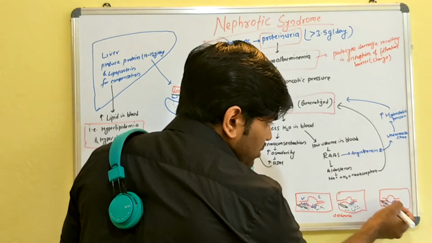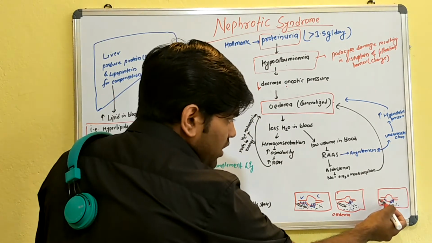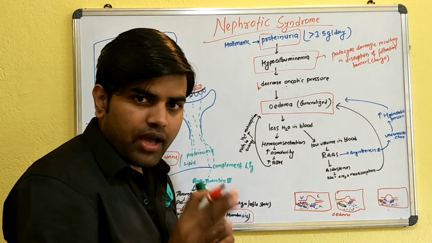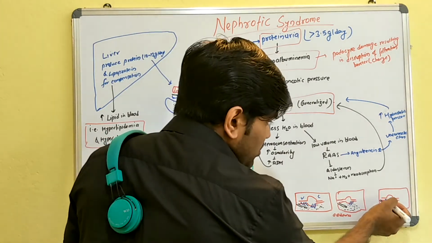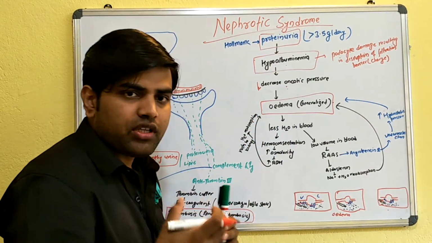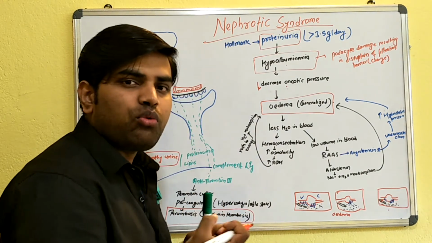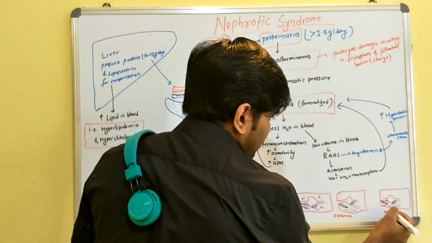This protein gets accumulated, and in the long course of time, this protein is now able to hold the water. Although in your blood there is no damage in the protein, there is no hypoproteinemia, the protein that is present in the tissue is also now exerting oncotic pressure outside. So that will hold the water and develop the edema, and this type of edema is known as non-pitting edema.